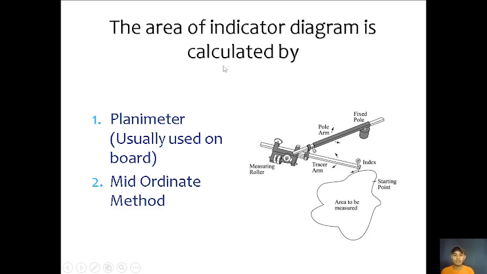You can calculate the area of the indicator diagram, but with current technology, we already have electronic, digital engine indicators, in which after you take all the pressures from all cylinders, you just connect it to a computer, and every detail will be printed by the computer printer.